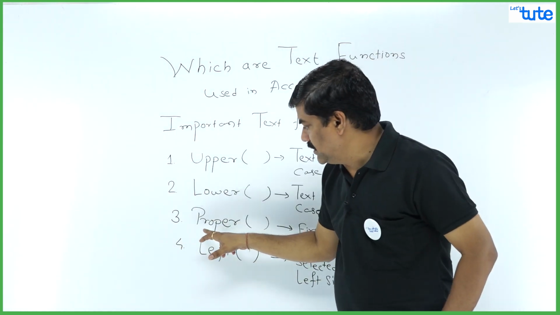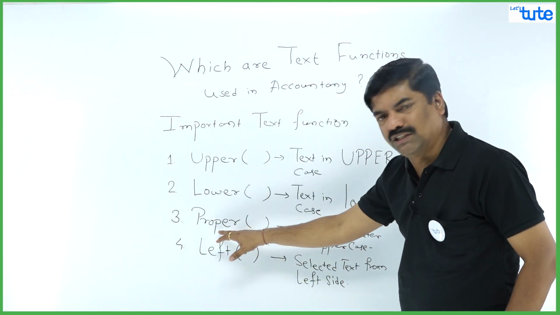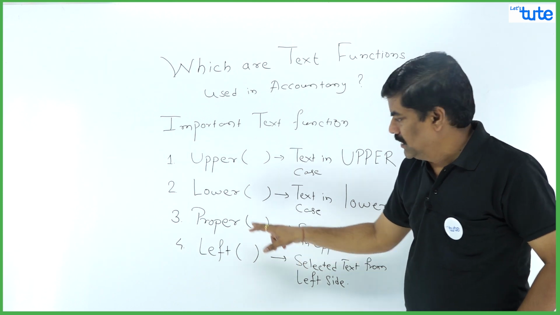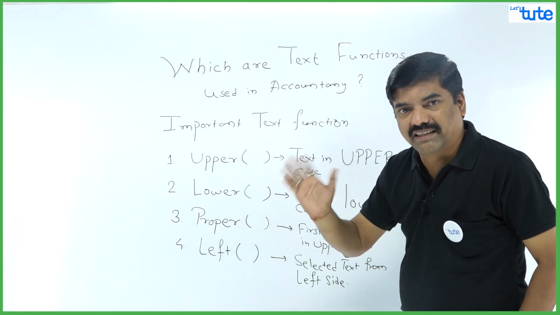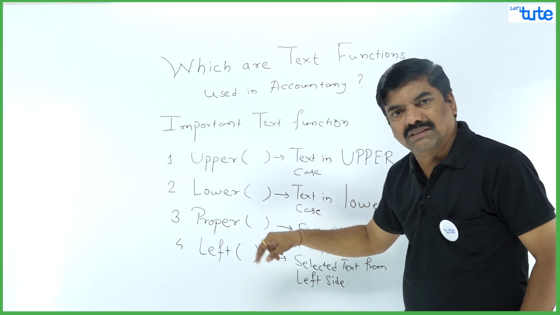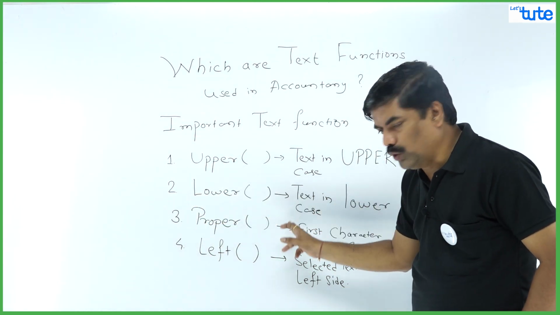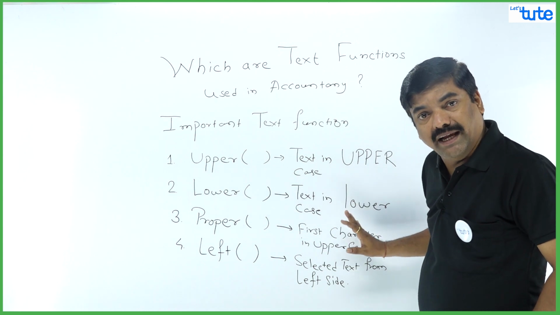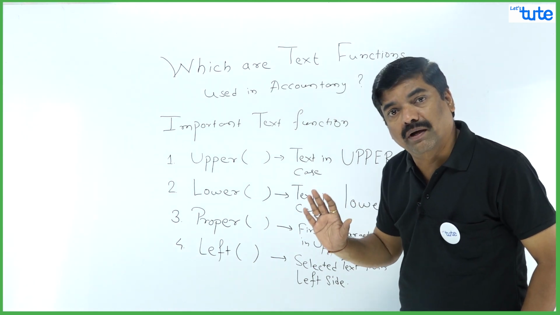That time this command is useful, that is proper. Just select the text: equal to proper, bracket open, select the cell number, close the bracket, and you will get your answer in proper case.